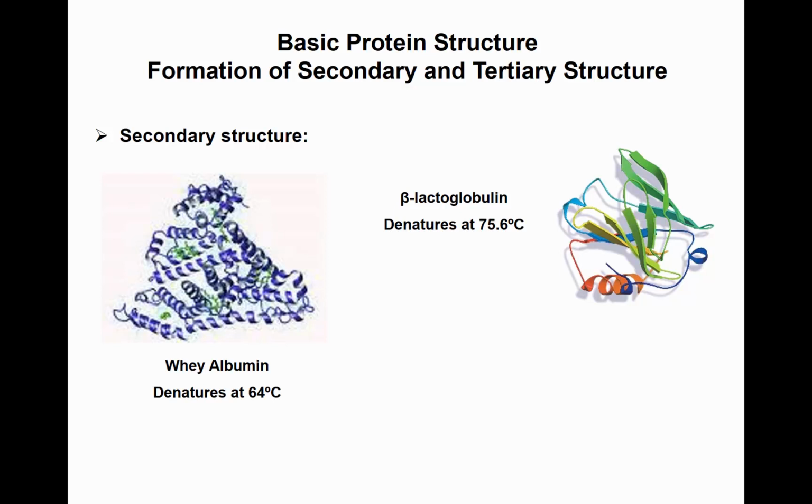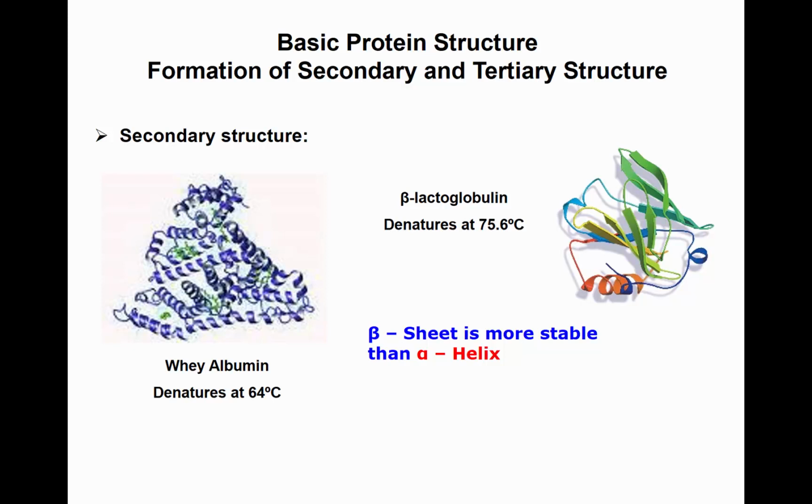So look at this. Arrows represent beta sheet, and these are the helical structure. So this one has one helical structure and a lot of beta sheet structure within it, secondary structure. The whey albumin is almost entirely alpha helix secondary structure. So a characteristic of that is beta sheet is more thermally stable than alpha helix.